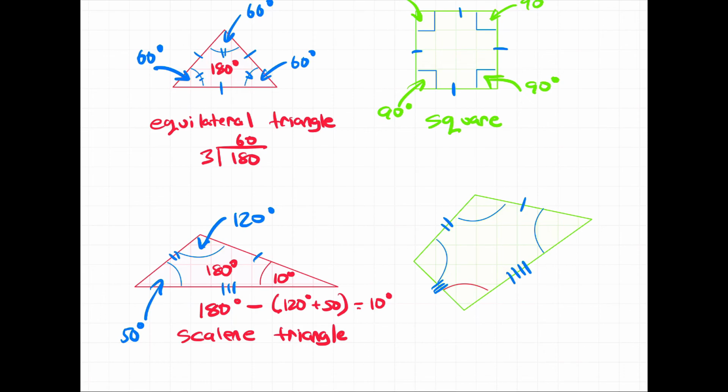And the same thing would go with the quadrilateral to the right. So in order to solve this angle down here, which is unknown, I would need to know the other 3. And I would also have to know that the sum of all the angles is 360 degrees. So let's see if we can get this one a little bit closer to what it actually looks like. Let's go with the top angle.